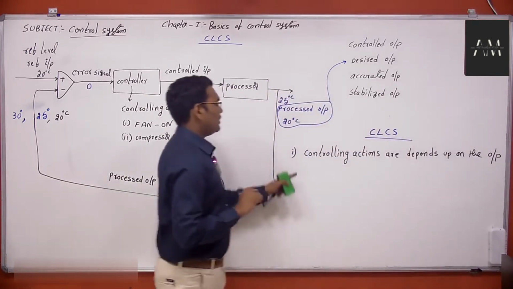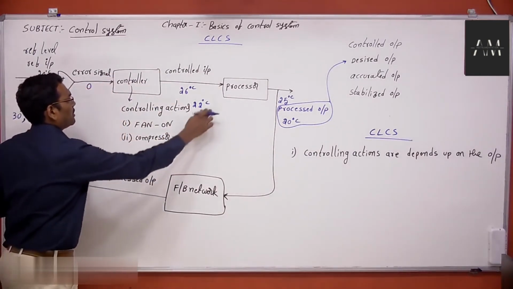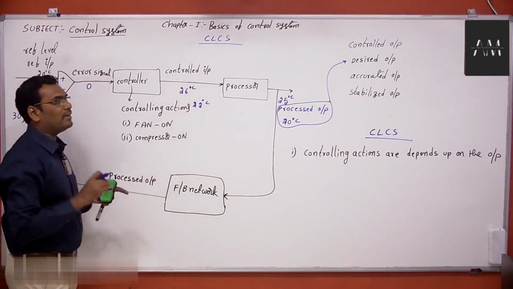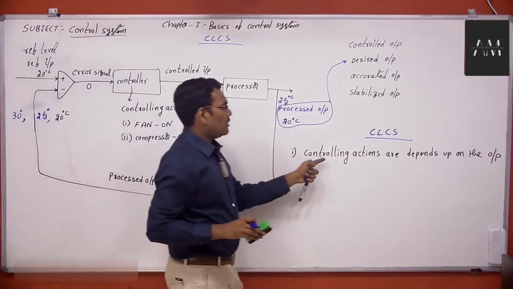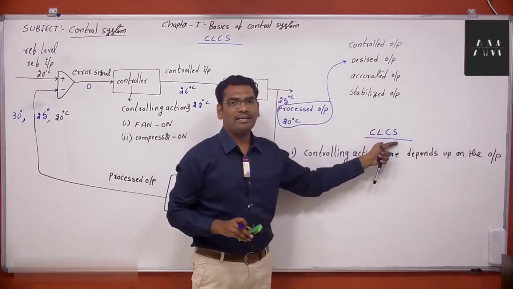Now see here, this is a closed loop control system where these controlling actions are completely dependent upon the output. The controlling actions are completely dependent upon the output, then that control system is called a closed loop control system.